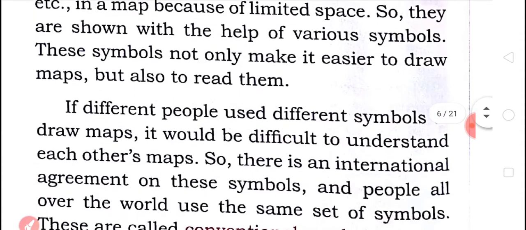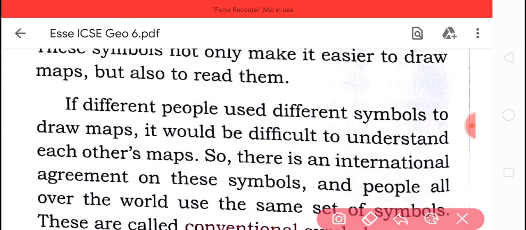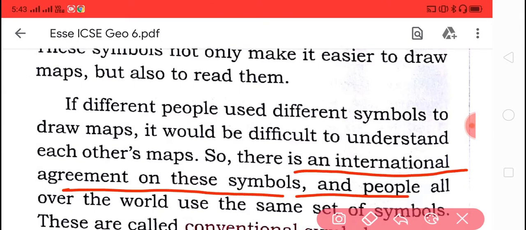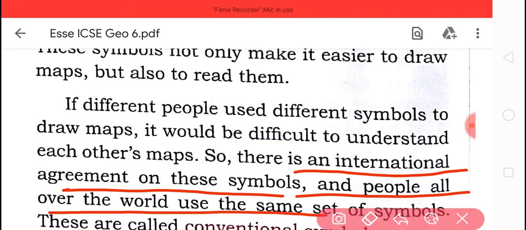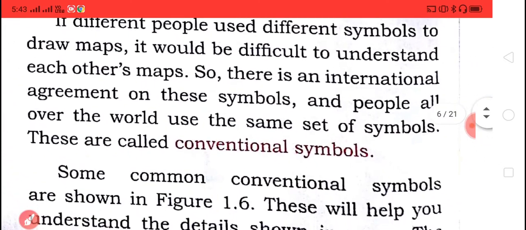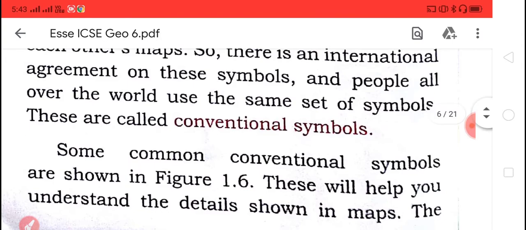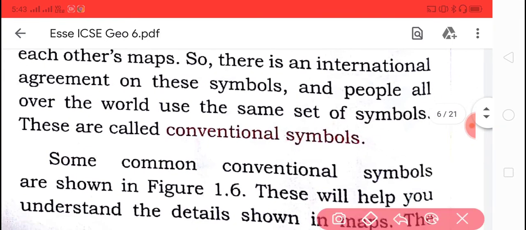If different people use different symbols to draw a map, then it is difficult to understand each other's maps. So there is an international agreement on these symbols, and people all over the world use the same set of symbols.